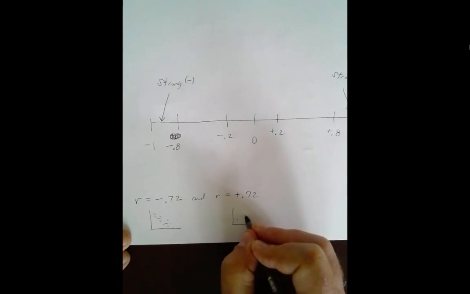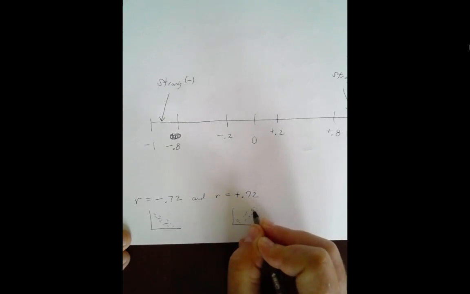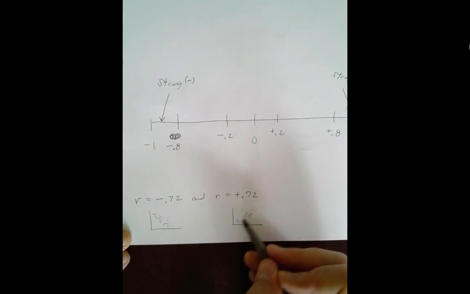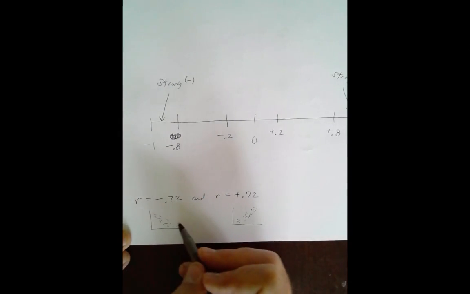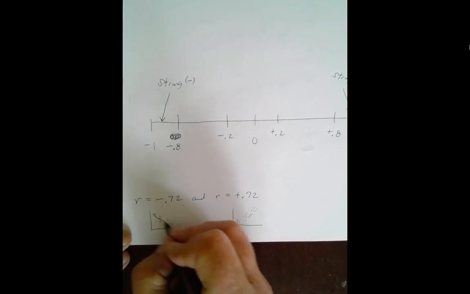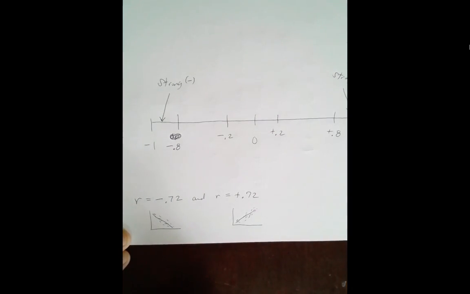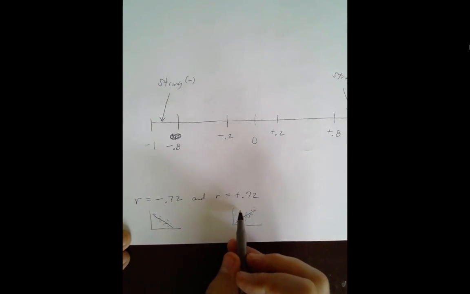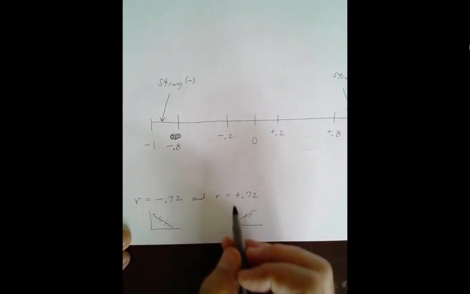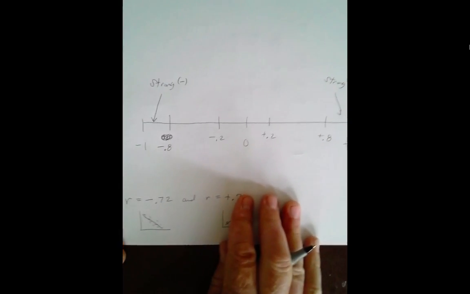This would have a positive tendency. But the relationship would be exactly the same. The magnitude of the relationship is the same. The direction is just different. And the direction coincides with the sign of the correlation coefficient.